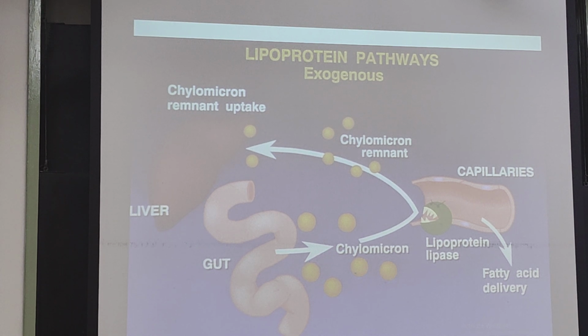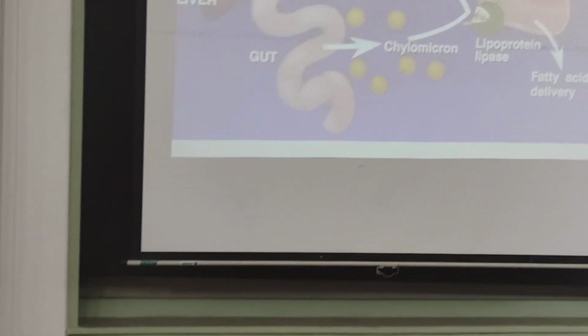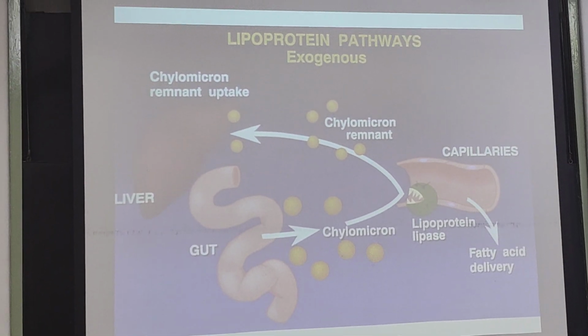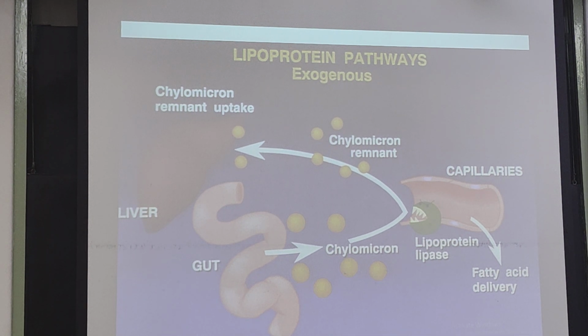Because they received ApoE and C2 from HDL, they give back ApoC2 to HDL, but they retain ApoE, because ApoE acts as a ligand for chylomicron remnant uptake by the liver. You got it? So when it passes through the liver, it releases the ApoC2 back to HDL and retains ApoE.